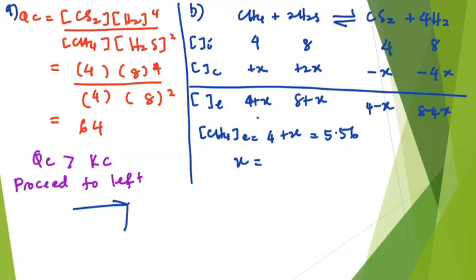So we solve our x, it is equal to 1.56. Now we can solve the concentration of the H2S. At the equilibrium it is 8 plus x, which is equal to 9.56 molar.